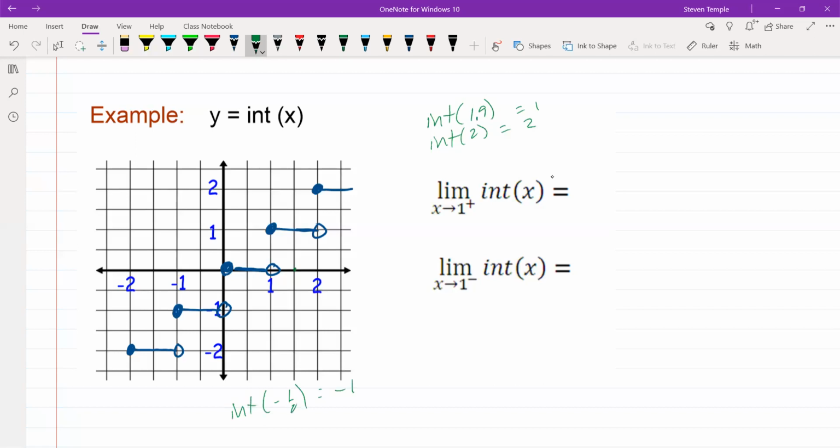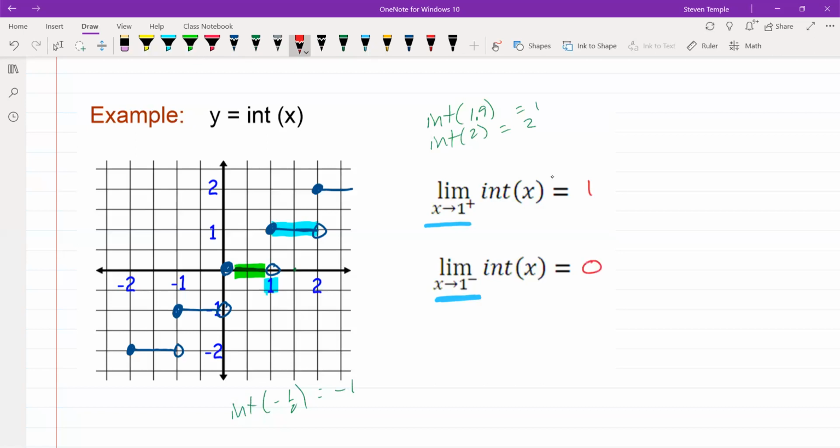Okay, so why are we looking at this? Well, this shows us the limit as x approaches 1 from the right-hand side. So here's your 1, and I'm looking at the right side of 1, and that tells me my y values are going to be 1. If we look at the limit as x approaches 1 from the left-hand side, I'm looking on this side of 1, and my y values are approaching 0.